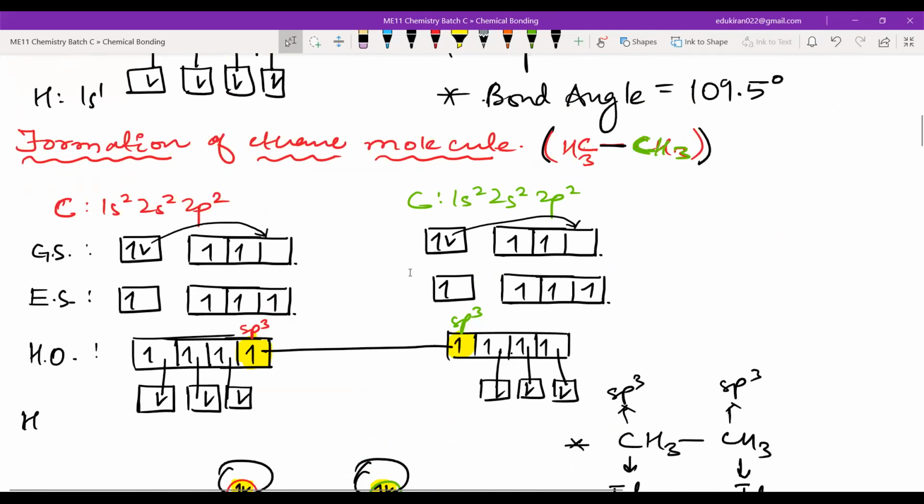Tell me about the ethane molecule. For the red carbon, how many sigma bonds is the red carbon making? 1? 3? 4 bonds, na?